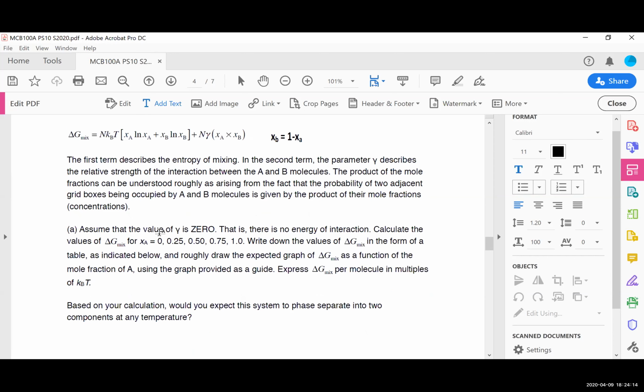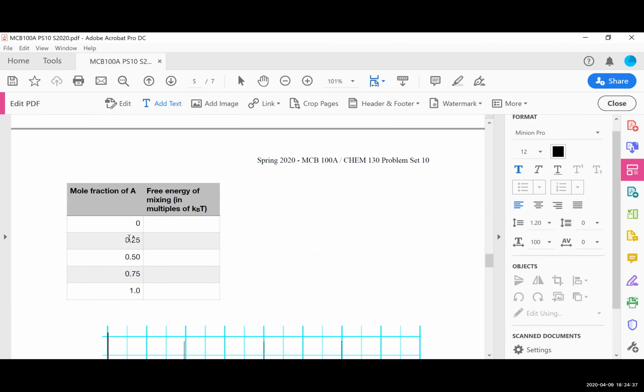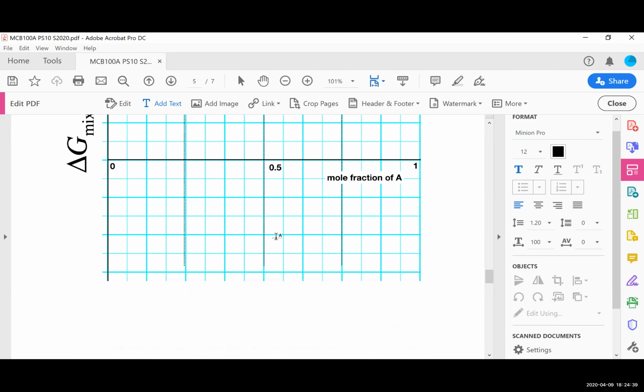The first part asks you to calculate the delta G mixing for 5 different values. This can be done with a handheld calculator or online or with a Python script. Once you do that, you'll be able to put that into this table and then graph it.